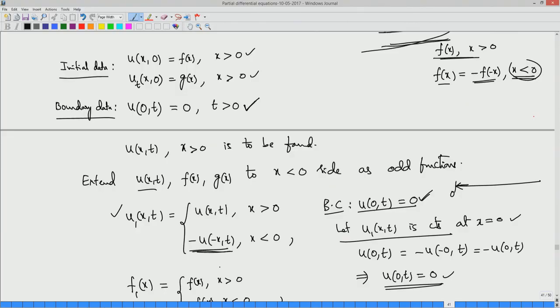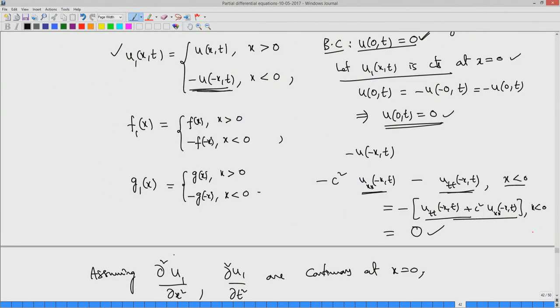So, that is nothing but f of minus x. This is exactly u1 at (x, 0). If you see this, u1 at (x, 0) is u at (x, 0), which is f(x), minus u at (minus x, 0), that is, on the x negative side, actually nothing but minus f(minus x). So, exactly both are the same.